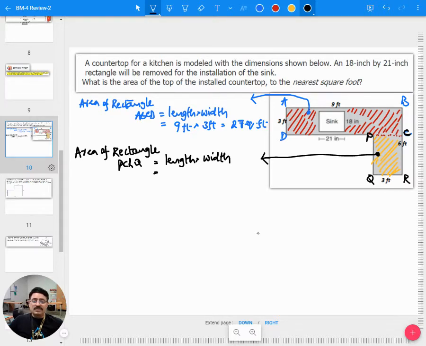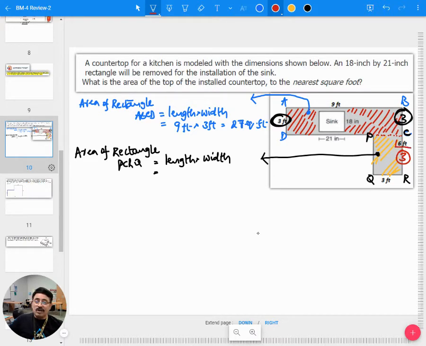So the length is actually 6 feet, but you cannot take 6 feet. The reason is when AD is 3 feet, the opposite side is also 3 feet, right? And the total is 6 feet. Therefore 3 and 3 together make 6 feet. Does it make sense?